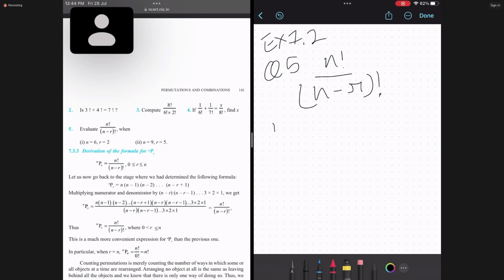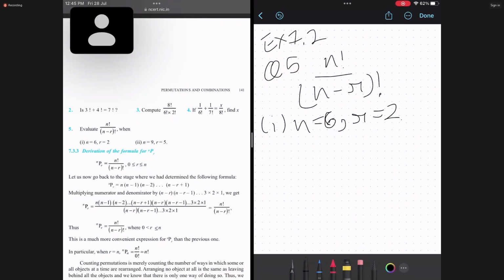The first part says that n equal to 6, r equals 2. Correct. This is the first part of the question, and this is also fairly straightforward for you to solve. This just involves calculation on your part, but I'm going to solve it for you regardless.